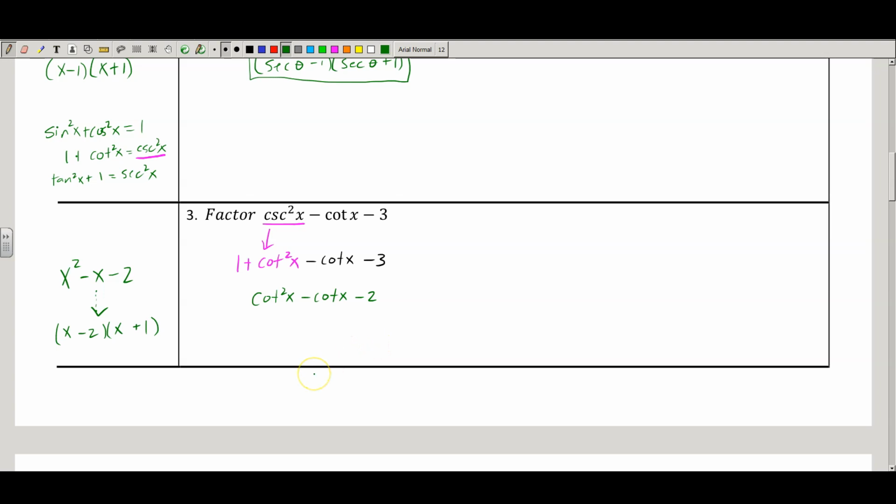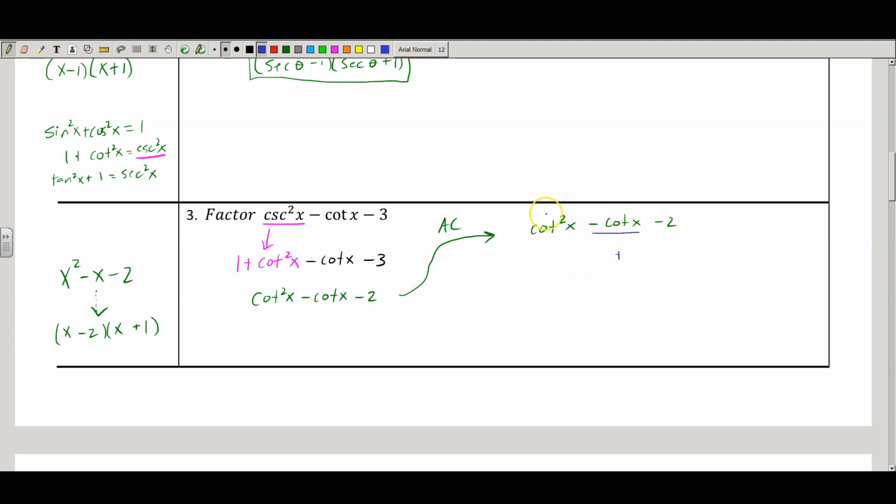So it depends on which factoring method you use. You can use the AC method on this one, and I'm going to go ahead and do that with the cotangent right in there. So if you use the AC method, that means we could take the middle term right here and split it into a sum.